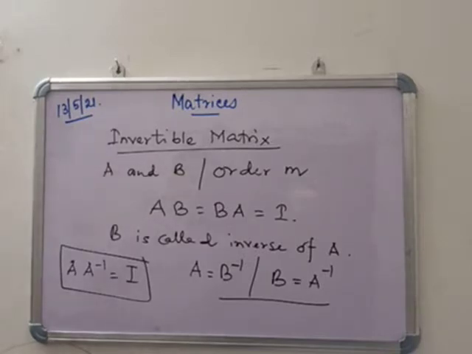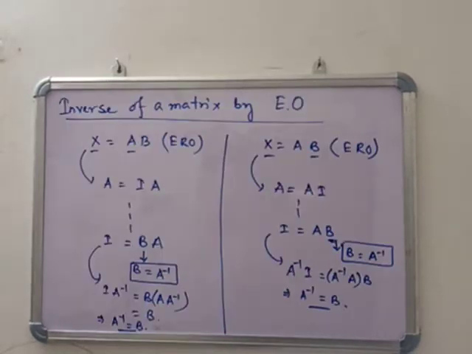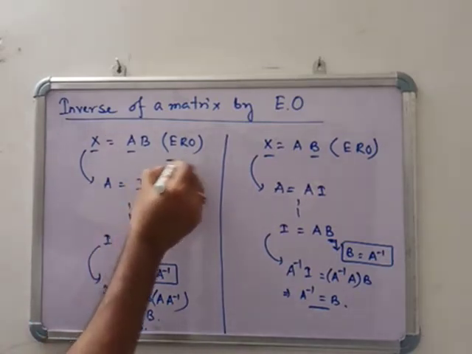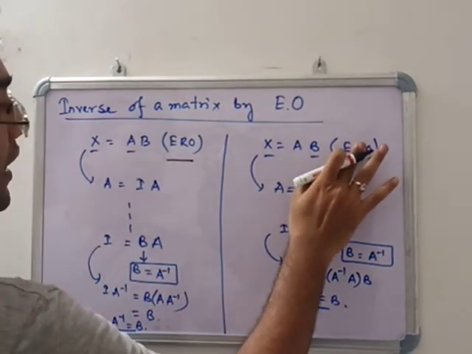Now I am showing you how to calculate by elementary operation. For finding the inverse of a matrix by elementary operation, there are two types of problems: one with elementary row operation and one with elementary column operation.